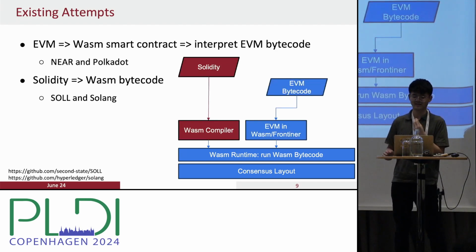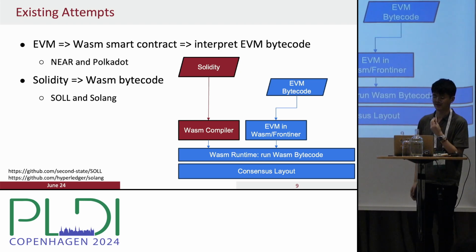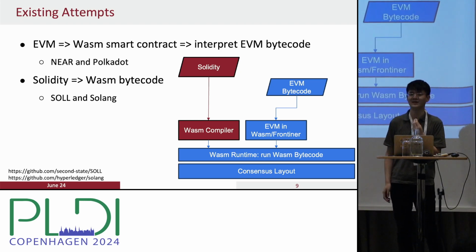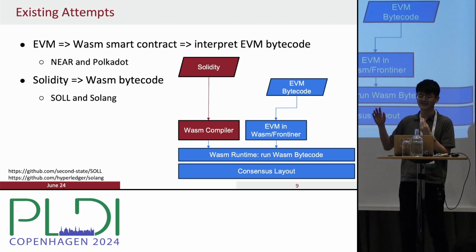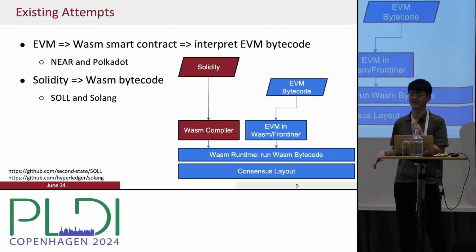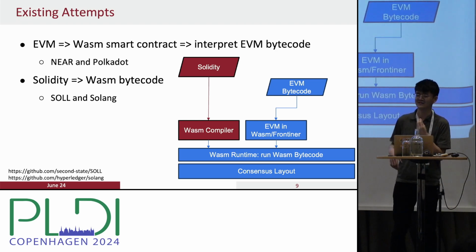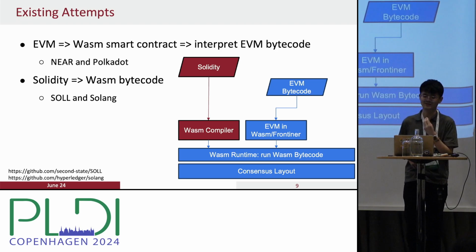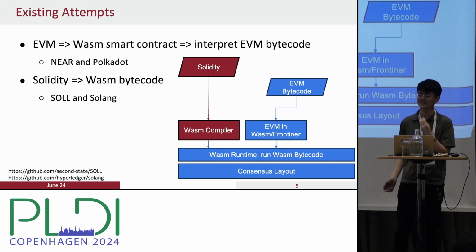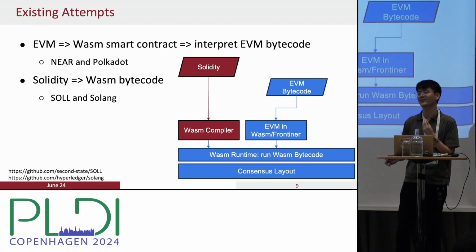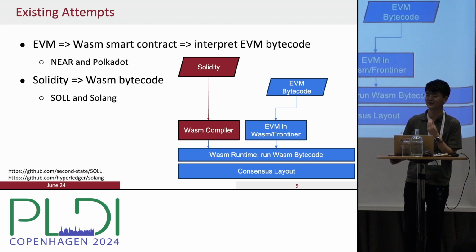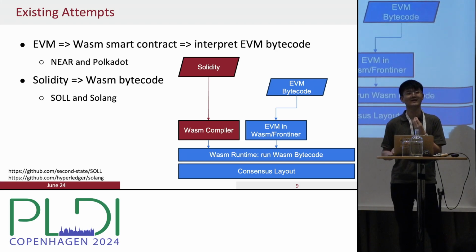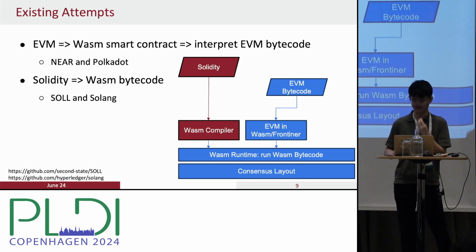Other competitors like SOLL and so on want to design a better compiler which can directly compile the Solidity source code to WebAssembly bytecode. However, we found that there are some compiler issues in these two baselines. They cannot handle all the grammar features introduced by the Solidity compiler.